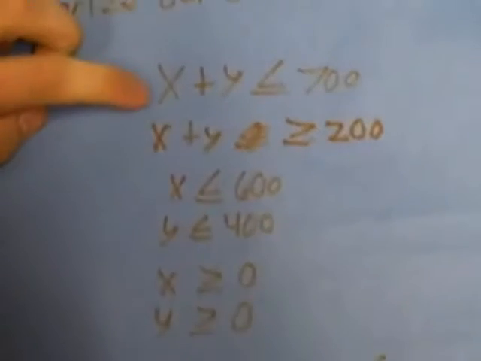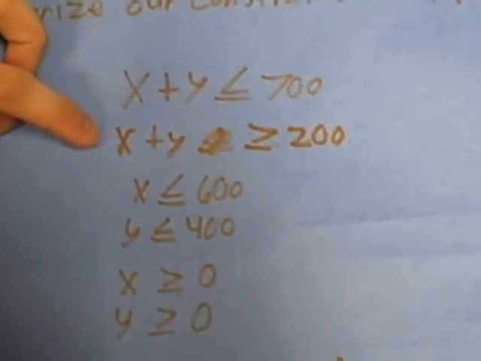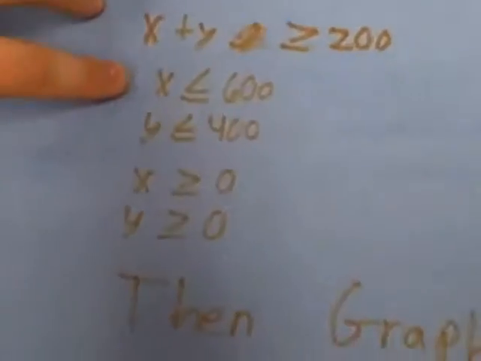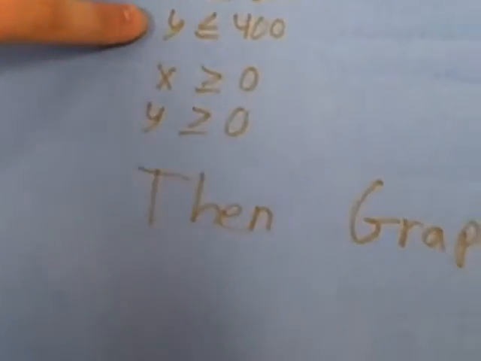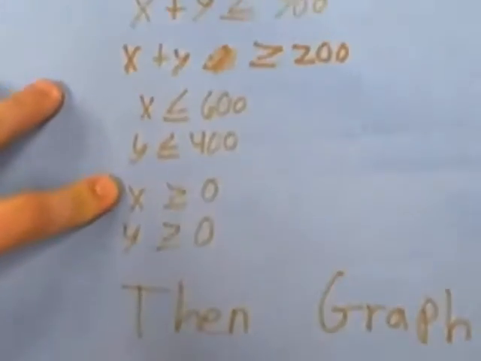To summarize the constraints using only x and y: x plus y less than or equal to 700, x plus y greater than or equal to 200, x less than or equal to 600, y less than or equal to 400, x greater than or equal to 0, y greater than or equal to 0.